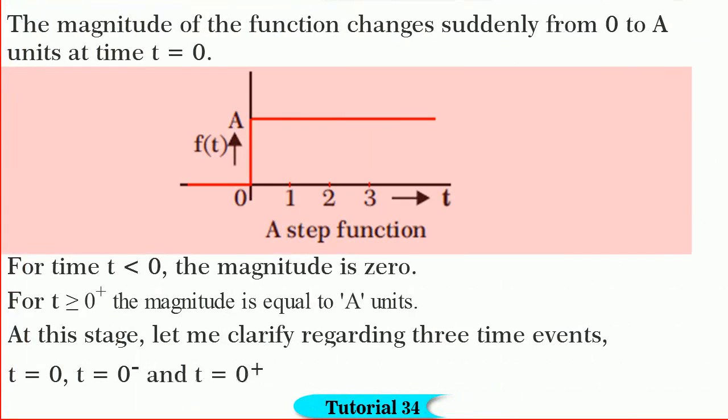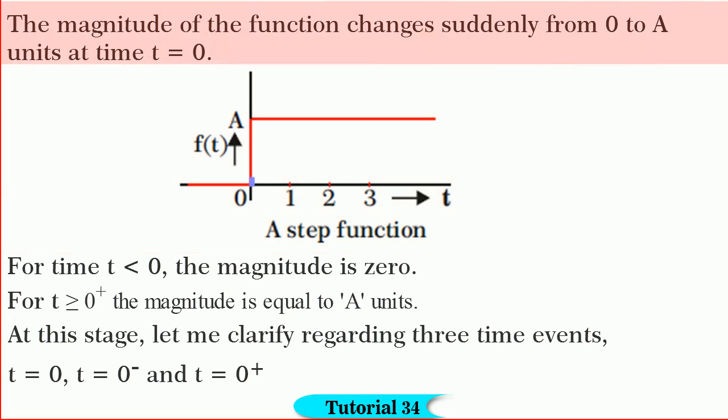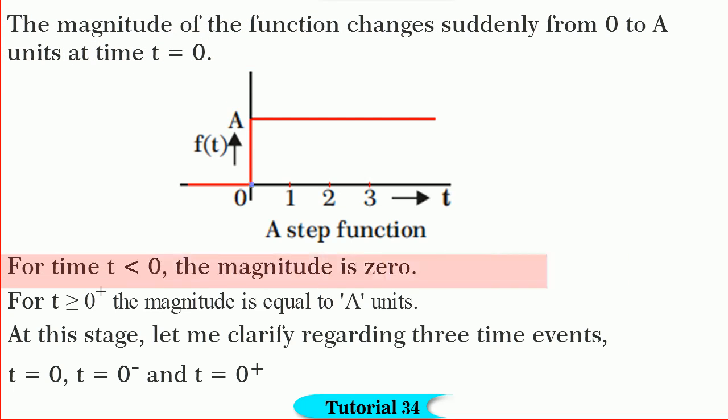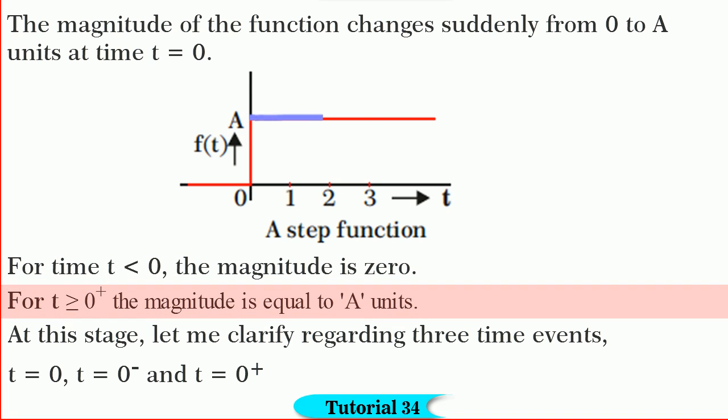Consider a step function shown in figure. You see that the magnitude of the function changes suddenly from 0 to a units at time t equal to 0. For time t less than 0, the magnitude is 0. For t greater than or equal to 0 plus, the magnitude is a units.